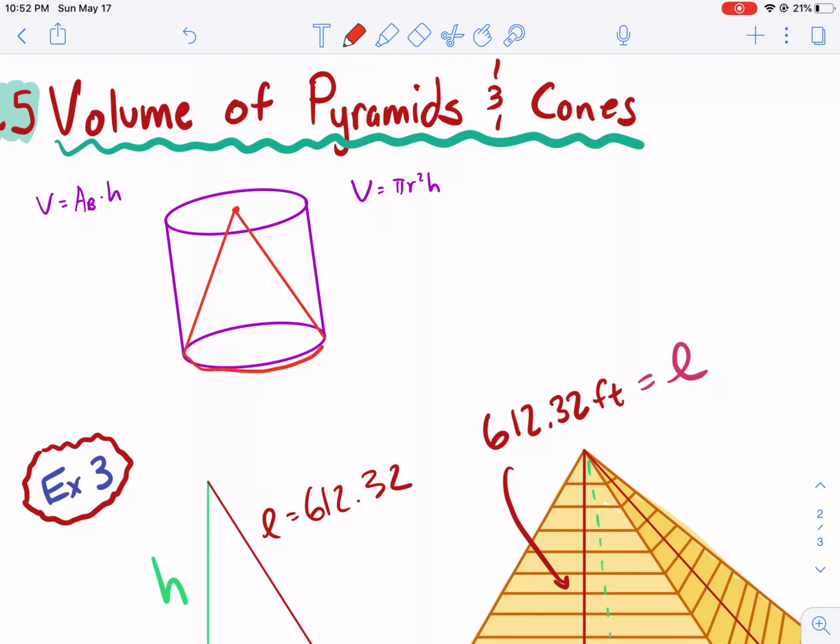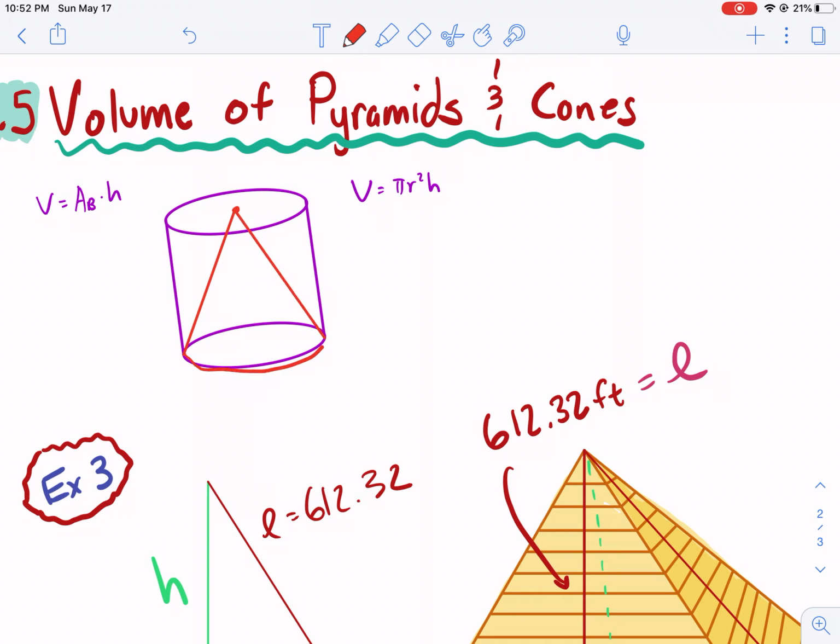What I really should have drawn first is my rectangular prism. Oops, I drew that too high. Let me erase this a little bit because that's got to go in the middle. So I'm drawing my rectangular prism, and a pyramid is just a part of that rectangular prism.